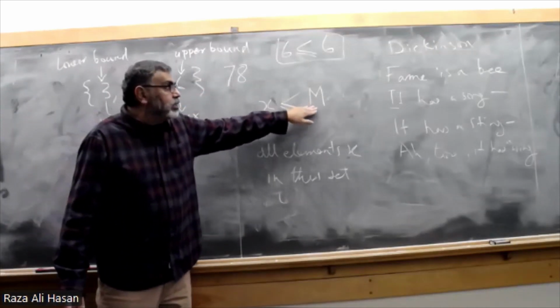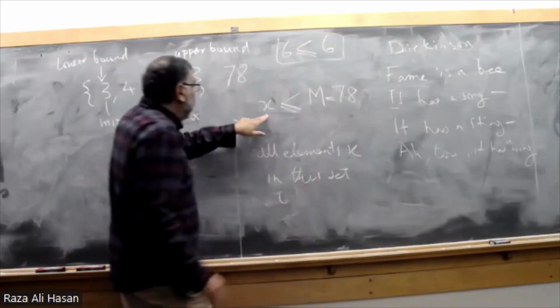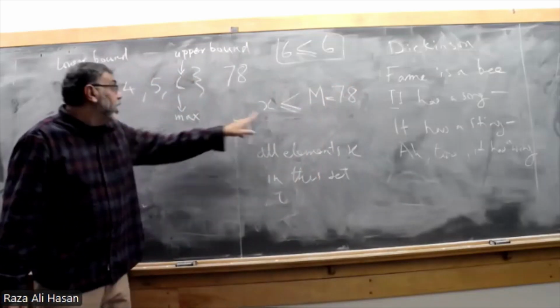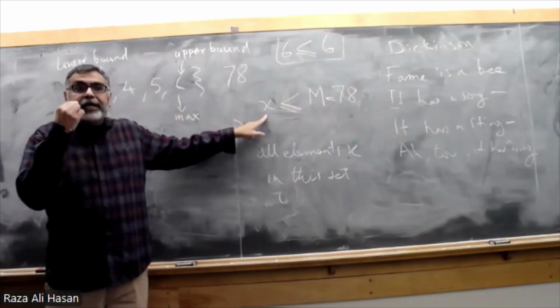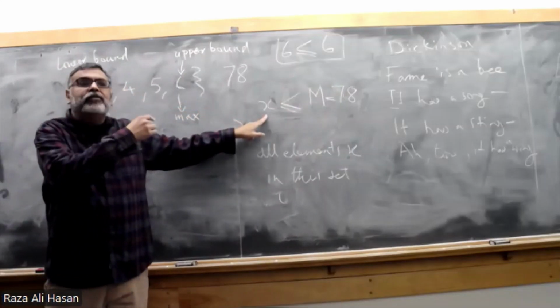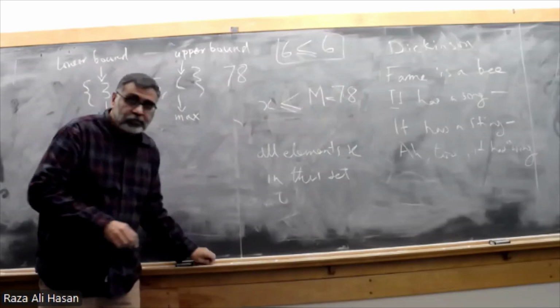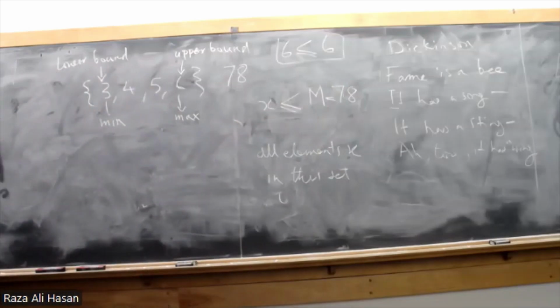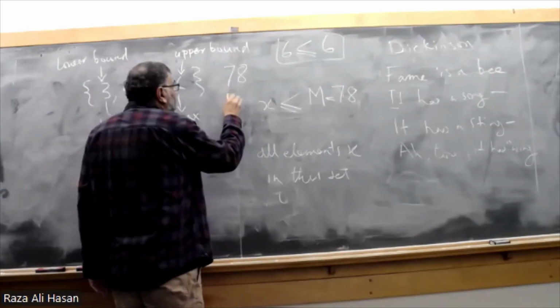When we replace M with 78 and try out each element of the set and stick it here, each time this relation will be true. Okay, questions? Are we good? Okay, so 78 is an upper bound.